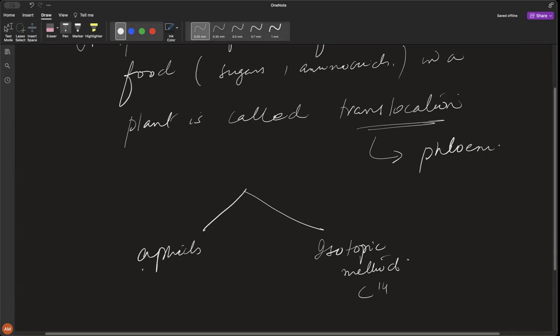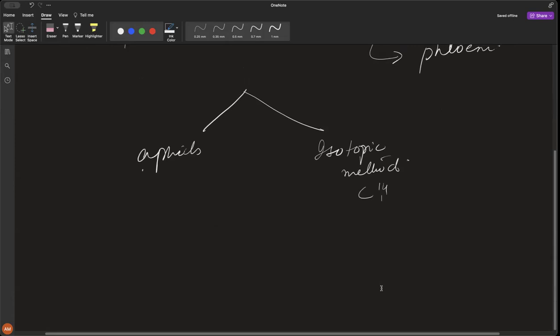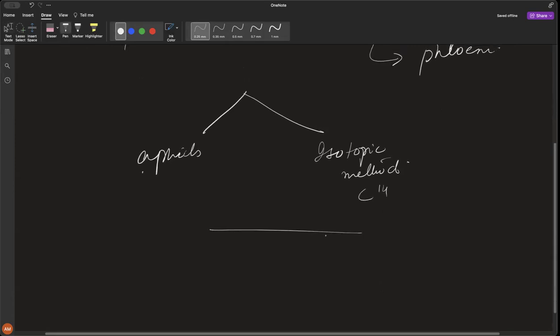The movement of that isotope is tracked, and the movement of the food particle can be understood. Let's study both of them one by one.